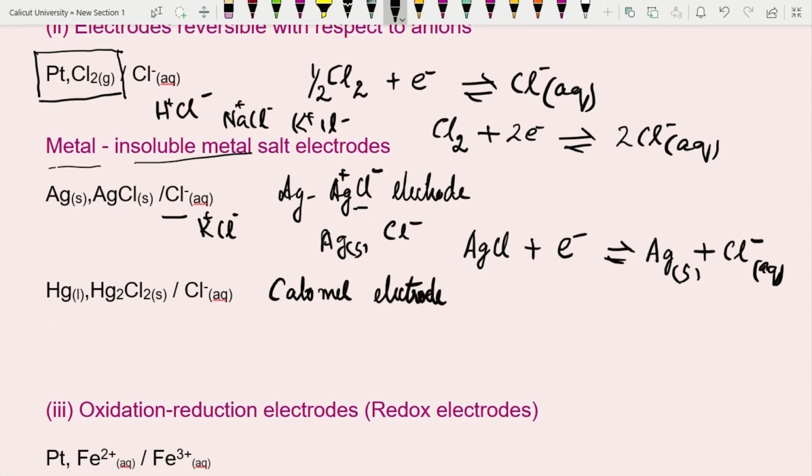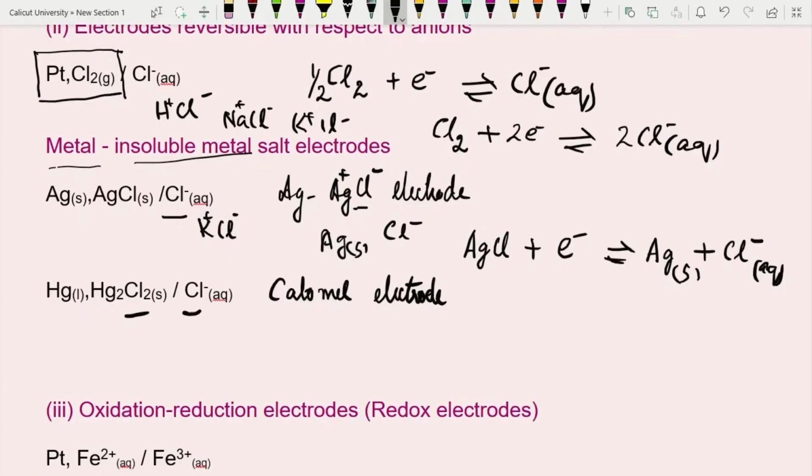The name is calomel electrode. Calomel is a name given for mercurous chloride, Hg2Cl2. So, here we have mercury in contact with its insoluble salt known as mercurous chloride or calomel, and again the anion is chloride, and therefore, you have a solution which contains chloride ions.